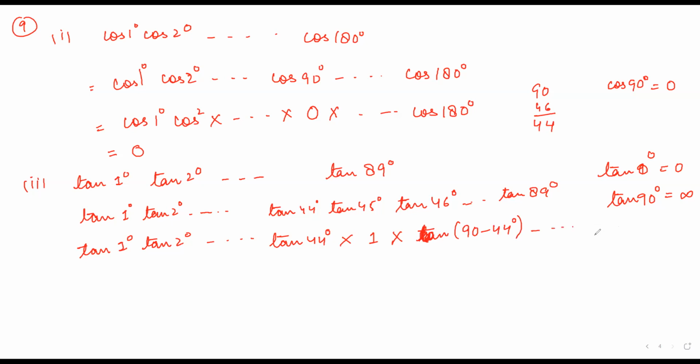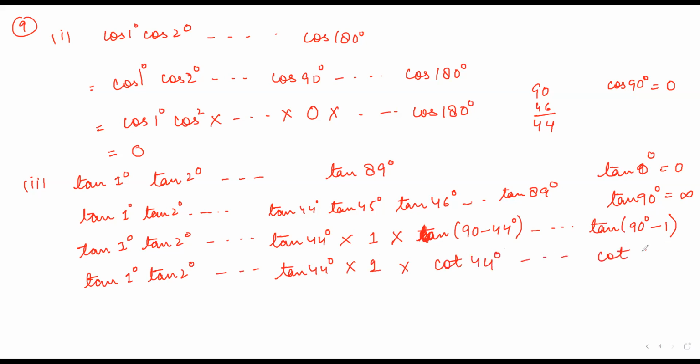Up to tan 89, which can be written as tan of 90 degree minus 1. So it becomes tan of 1 degree into tan of 2 degree, then tan of 44 degree, then into 1. And after this, the tans become cot of 44 degree, and then up to cot of 1 degree.